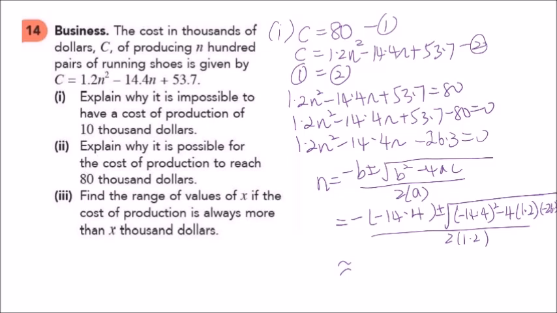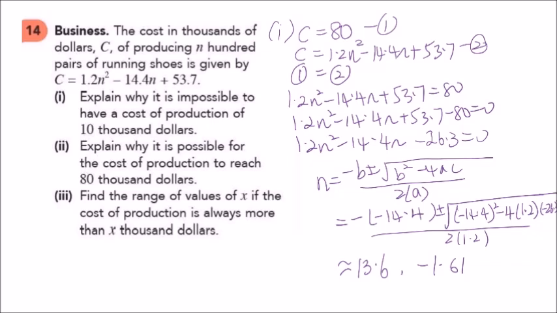Alright, if we work it out, you will have 13.6 as one answer. The second answer is negative 1.61. So what does it mean? It means that there are actually 2 points.